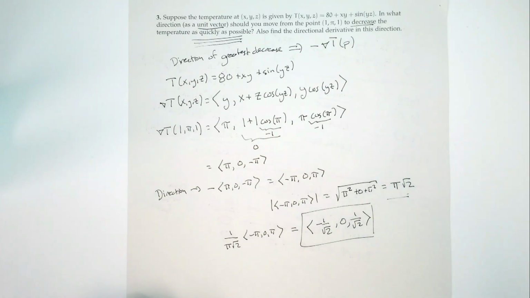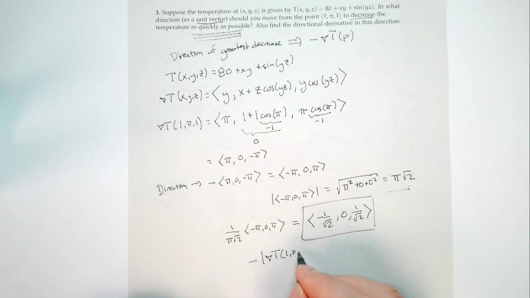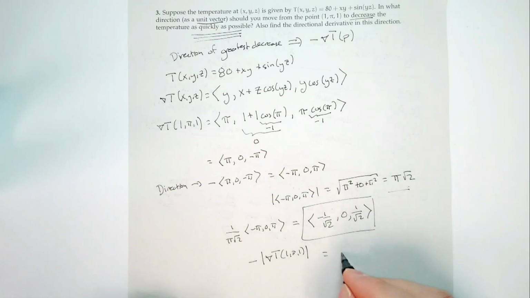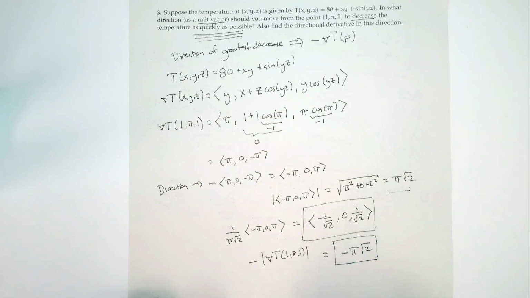So the directional derivative in the direction of greatest decrease is minus the magnitude of the gradient at that point. But from our work, we already know what this is going to be. So we get minus pi times root 2. And there's our answer for the directional derivative in that direction.